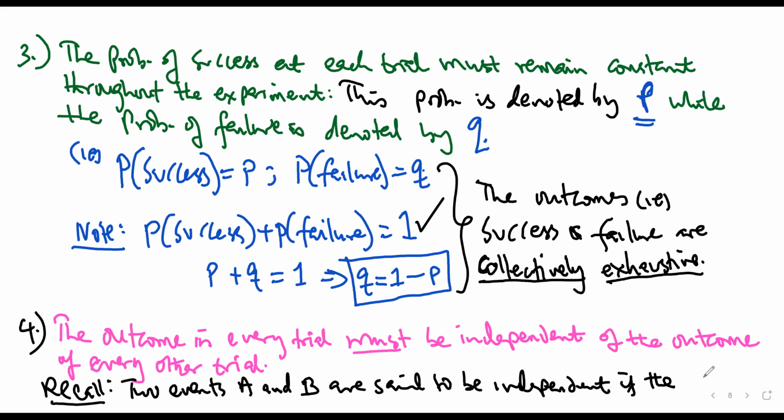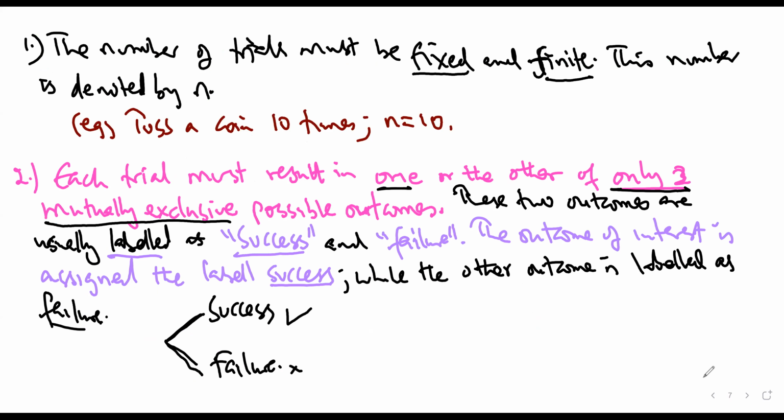Now, looking at the properties, you may want to give examples of cases where the binomial distribution may be applied. The experiment of tossing a coin a given number of times is one of the best examples you can have. Because if you decide to fix the number of trials to 100, then property number 1 will be satisfied.